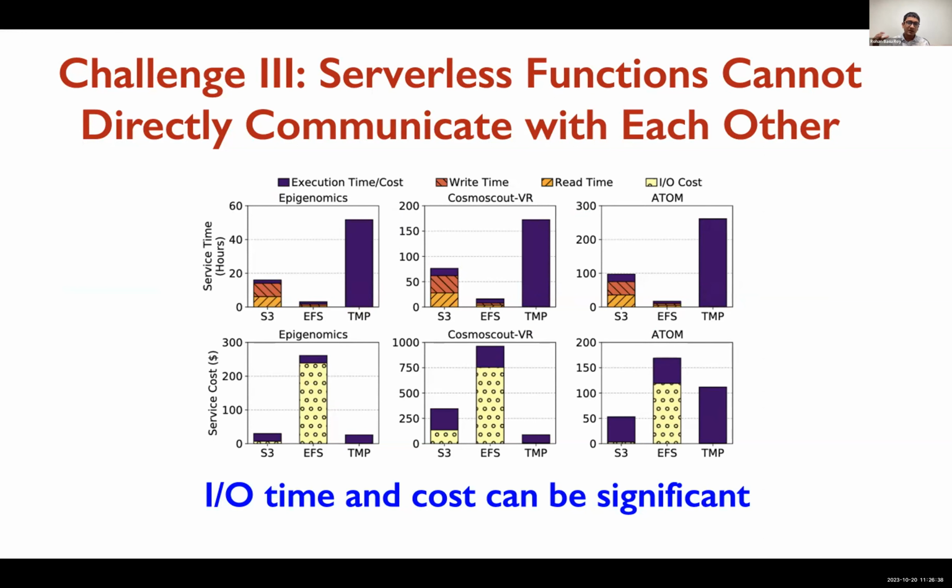This brings in additional overhead, and your I/O time increases. Since you're allocating extra storage and bandwidth, your I/O cost also significantly increases, and that can bring a significant slowdown to your application and affect your service time and total cost.